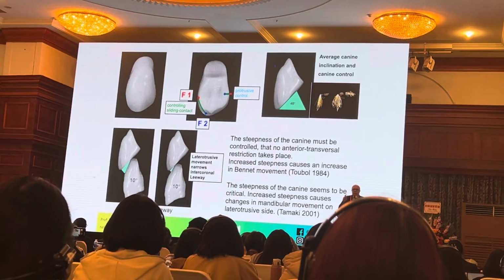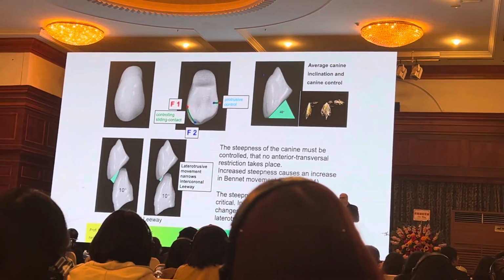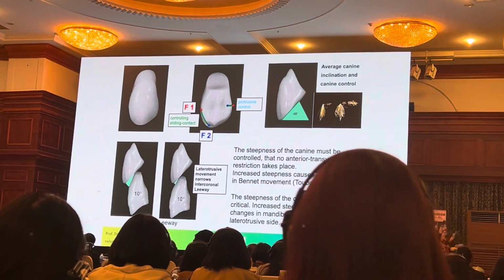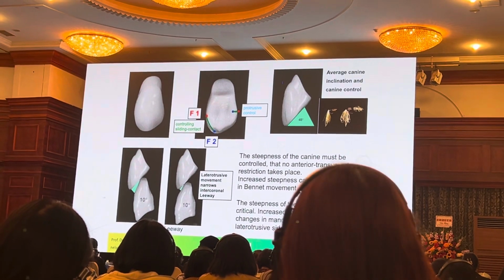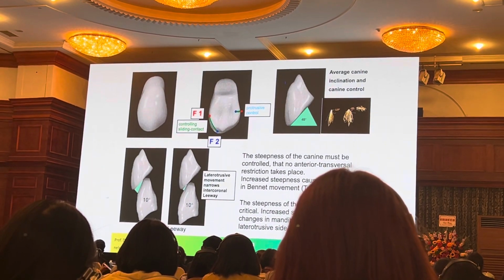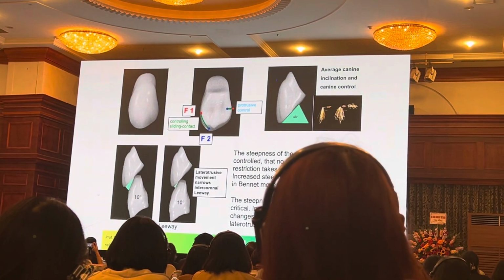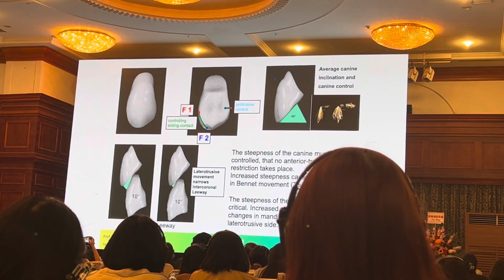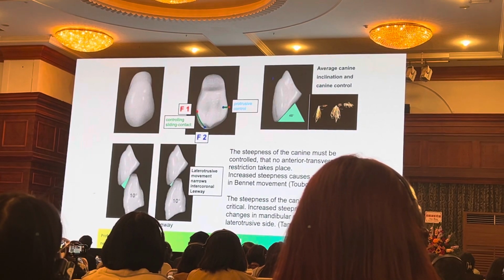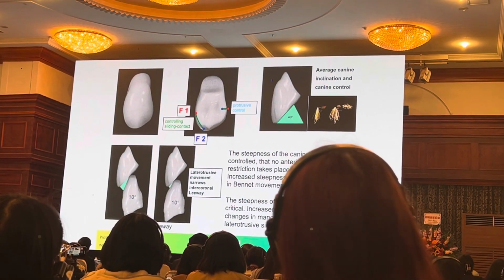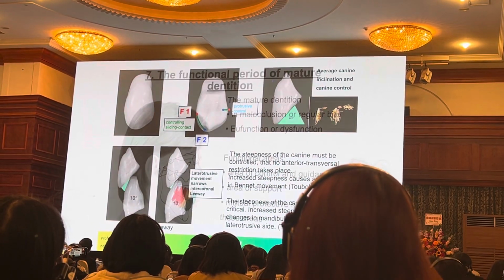So if you look at your cases and observe the canine torque, if your case is facing difficulty to reach class 1, maybe it's because your canines are too steep. Okay? If you open the canine a little bit, it facilitates the mandible adaptation forward.